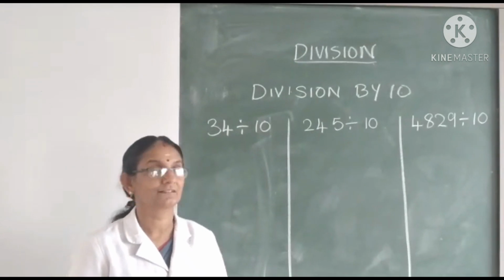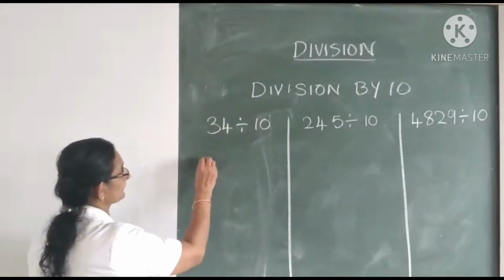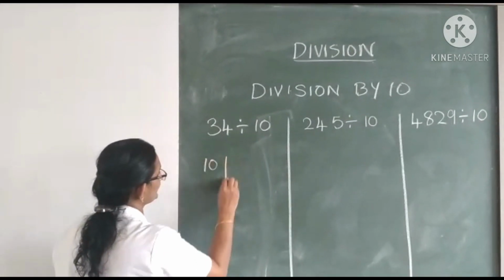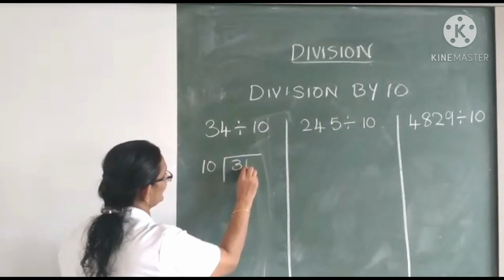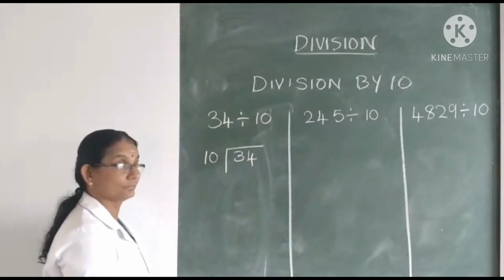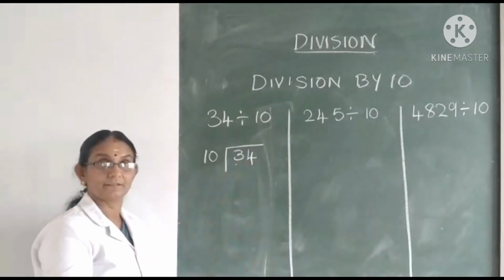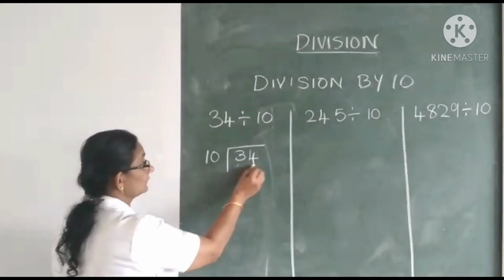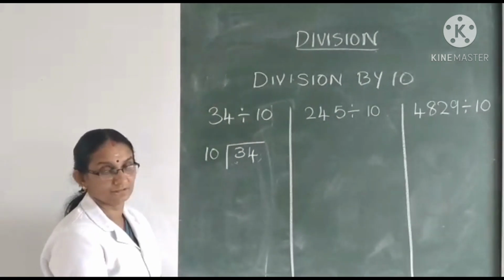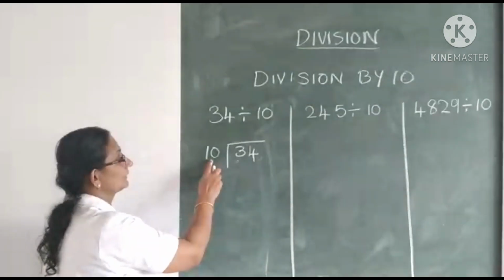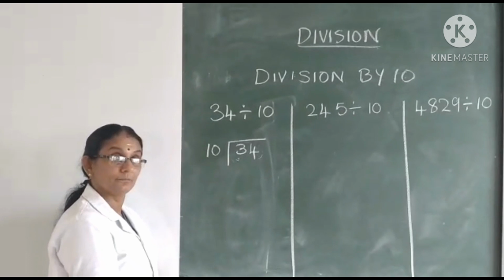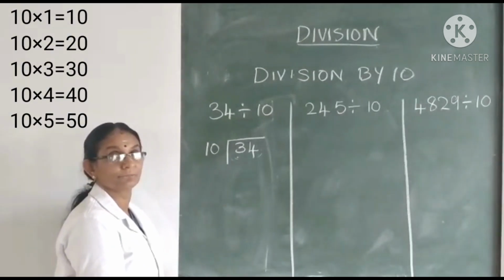Okay, shall we start? Now, divide 34 by 10. Now, as the number 3 is smaller than 10, you have to consider both the numbers. Okay, so how many times will 10 go in 34?